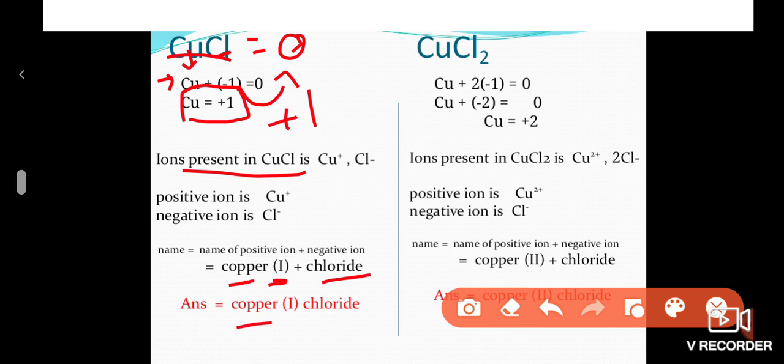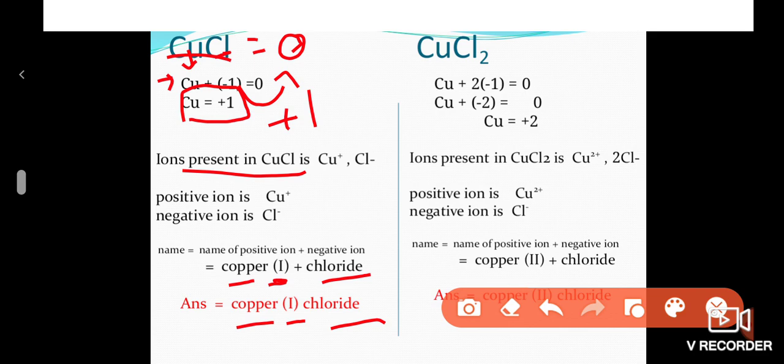Finally, we get copper 1 chloride. Understand? Copper 1 chloride. For iron and copper, we should denote the valency, because iron and copper exist in both valencies. So here we must denote the valency of the ions present in the molecule.